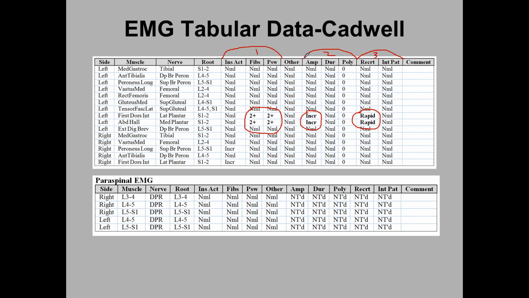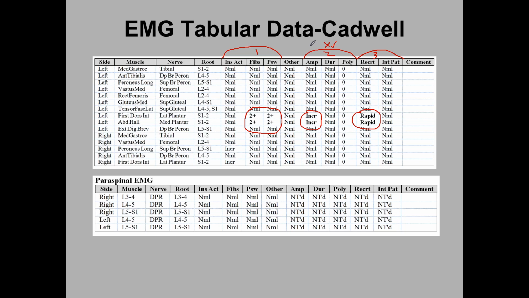If an injury were a new injury, say a month old, would you expect to see any changes in morphology? Yes or no? No. Why? Because when it's just a month old, we haven't had a chance for regeneration to happen, correct?